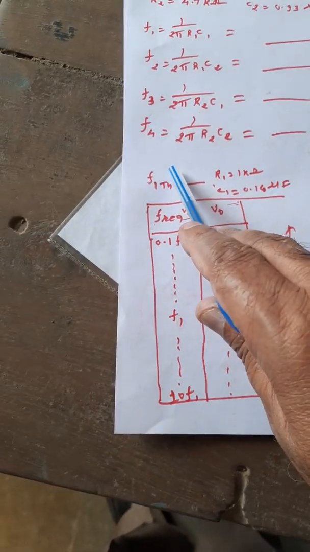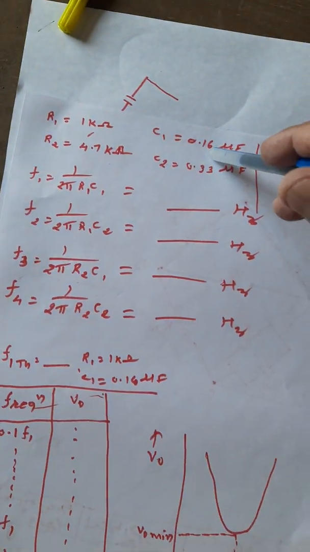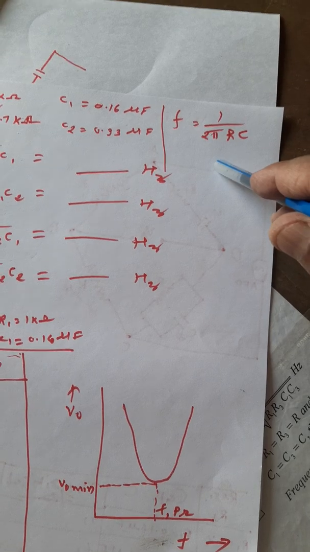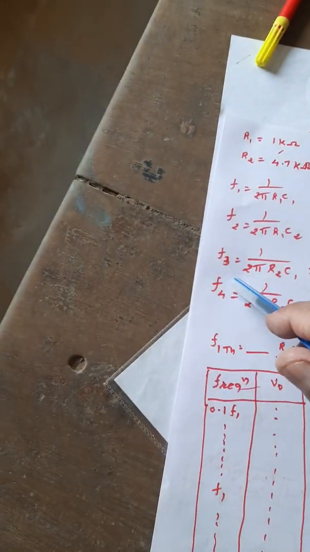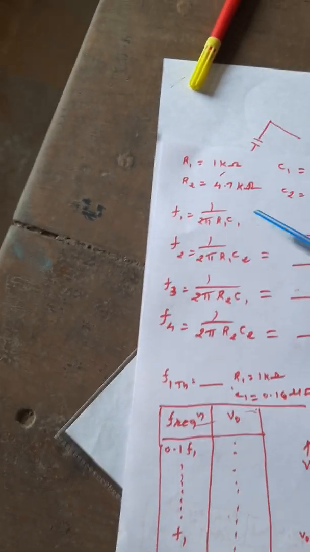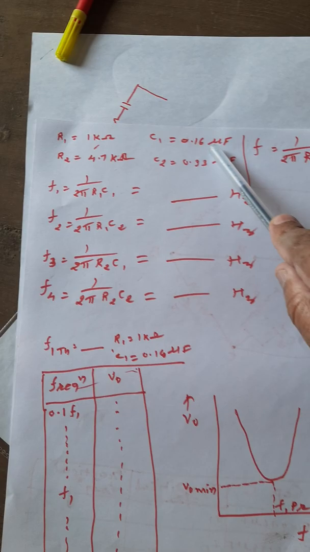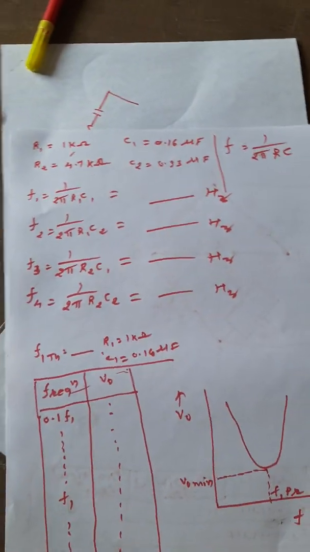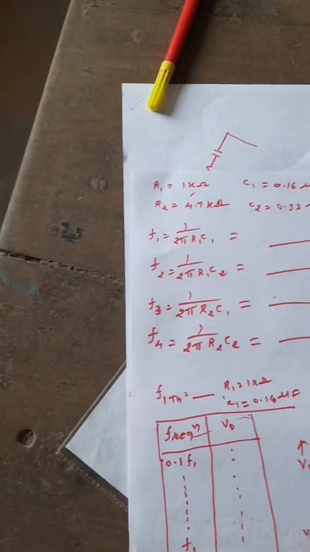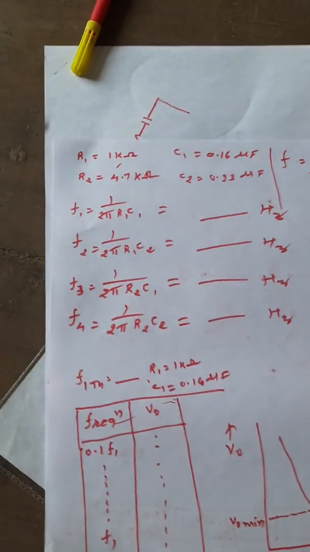Now if we use R2 as 4.7 kilo ohm and C1 as 0.16 microfarad and substitute in the equation F equal to 1 upon 2 pi RC, and calculate the frequency at which the bridge is going to balance, the balance frequency comes out nearly equal to 250 hertz.